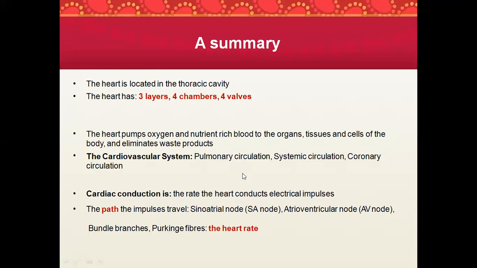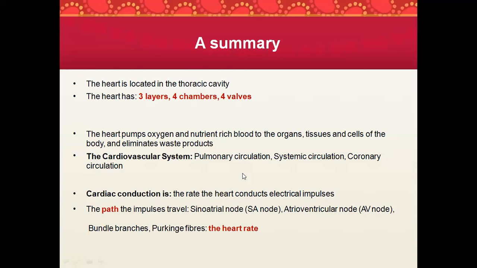Pulmonary circulation starts from your superior vena cava and your inferior vena cava, collecting all the deoxygenated blood from the body, and then the blood will reach your right atrium, pass through the tricuspid valve, and drop to your right ventricle. From the right ventricle, it will go to the pulmonary artery. Okay, this is still pulmonary circulation.